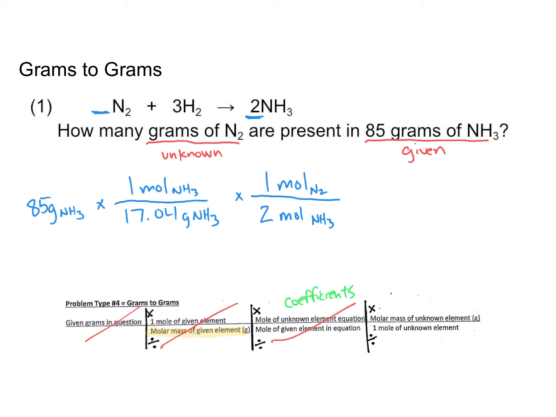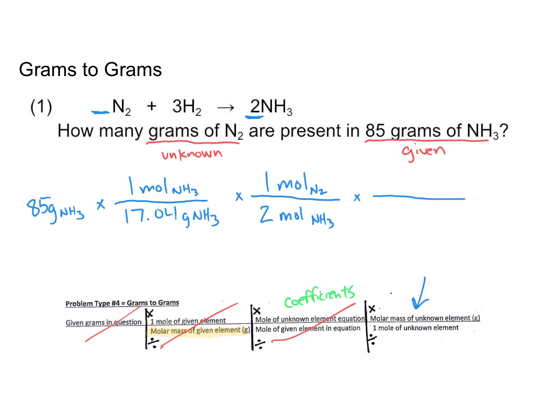I have that done of my basic equation. Now I'm on to the last one, and it is when we multiply by the molar mass to get this back in grams. So the top number, if we look right there, it is talking about the molar mass of the unknown element.